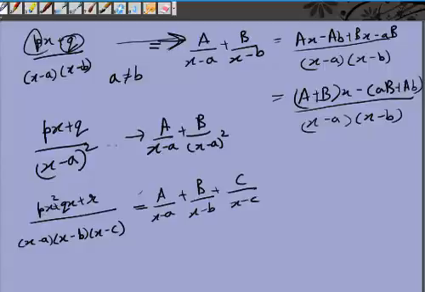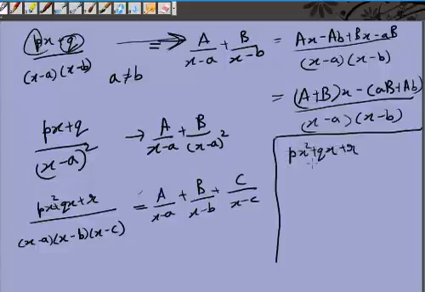And you can just do it for more complicated expressions in a similar inductive manner. I'll just show you one more. If you have px square plus qx plus r, and two of these happen to be the same, so let's say (x minus a) whole squared into (x minus b).